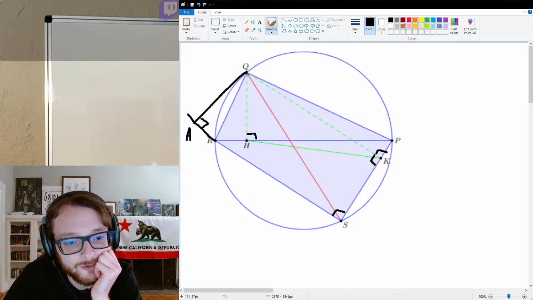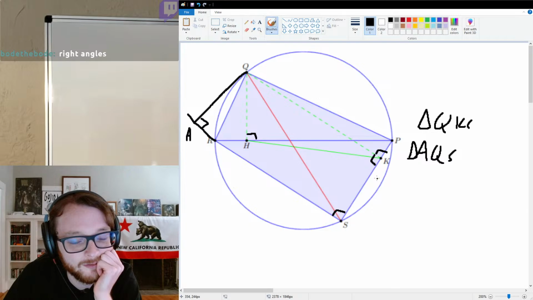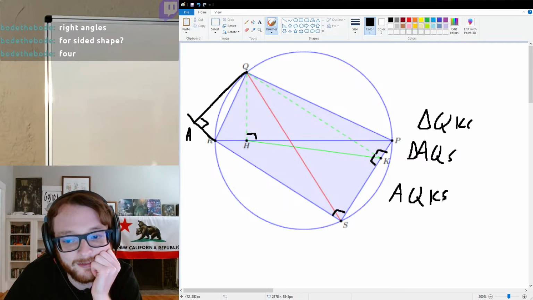Well, I guess there's a shared hypotenuse with triangles UKS in triangle AQS. Right angles for sided for, oh, there are, oh, it's a rectangle. AQKS. Okay.